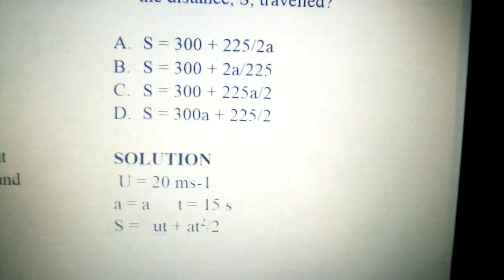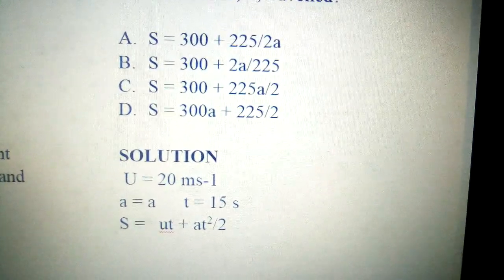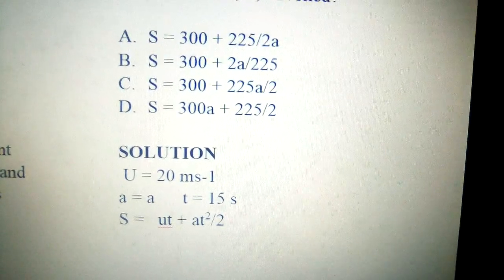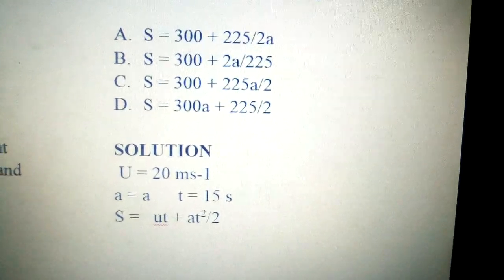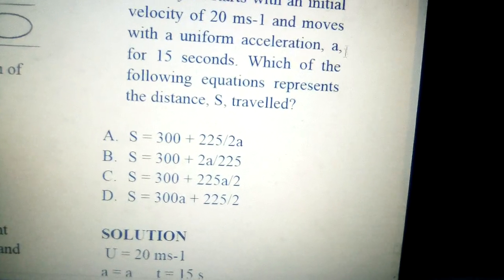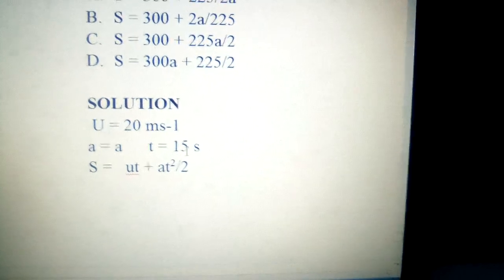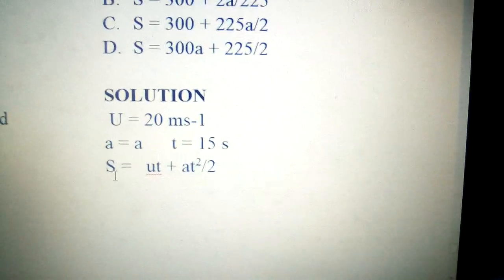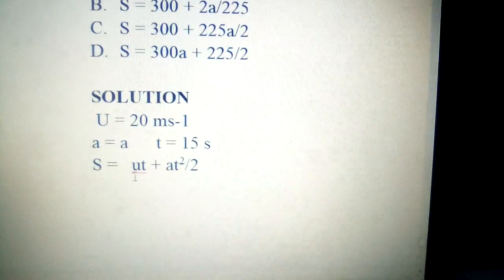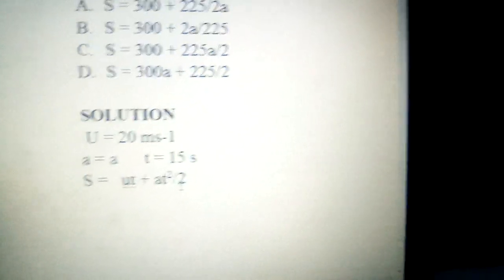Look at the solution. The initial velocity of the object is 20 meters per second. Acceleration is taken as A because it's not given. The time of motion is 15 seconds. We now apply the equation for uniformly accelerated motion, S equal to ut plus half at squared, or at squared over 2.